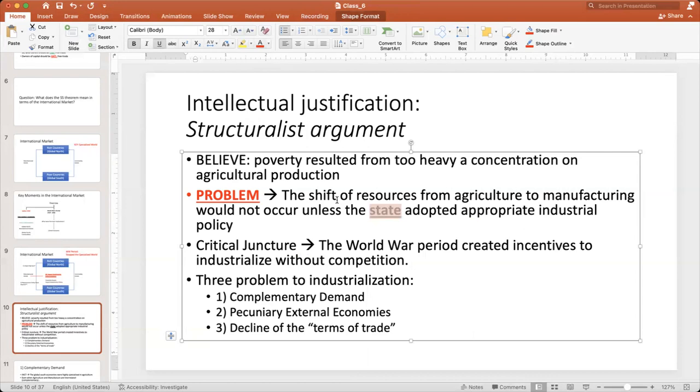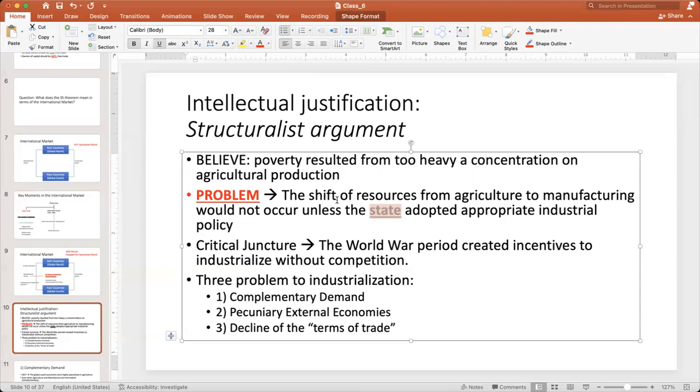So it's not the market, and this is very important for you to keep in mind. The solution that structuralism is proposing is not based on market reforms and market solutions. It's more related to the idea that the state and the government are the only agent in charge of this possibility.